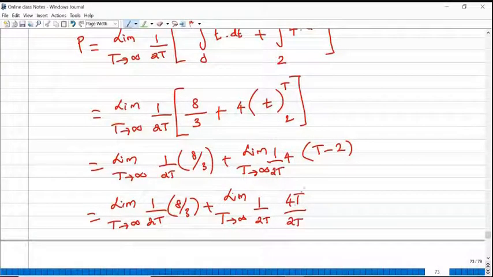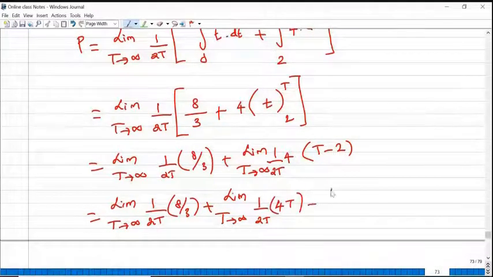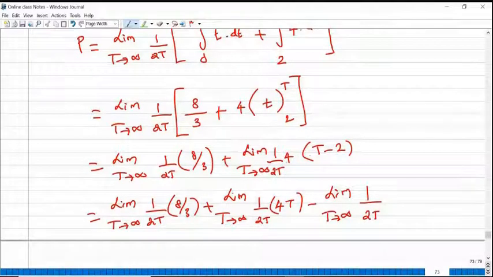So in this term the T will be cancelled. Minus limit T tends to infinite 1 divided by 2T times 4 times of minus 2, so minus 8.